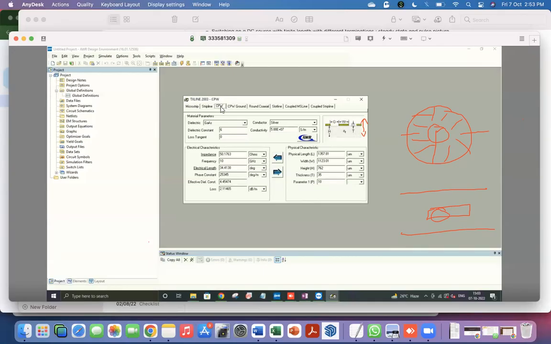CPW and CPW ground. The only difference is that in CPW ground, there is a ground plane underneath. So it's sort of like a microstrip, but with two additional ground planes on the side, like these two. So if you ignore these two guys on the side, then this just looks like a microstrip.